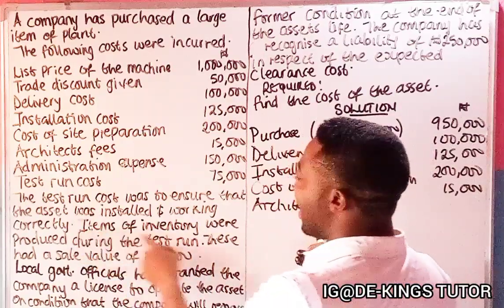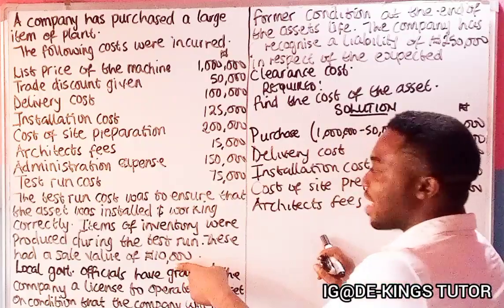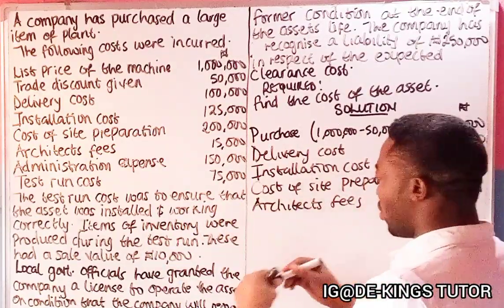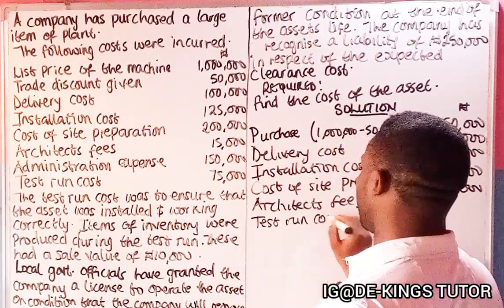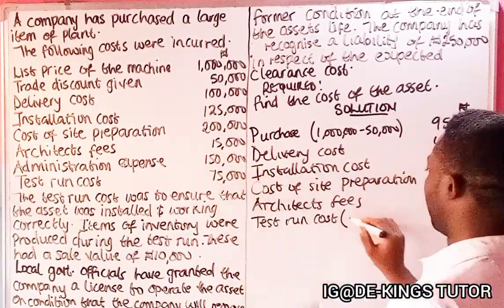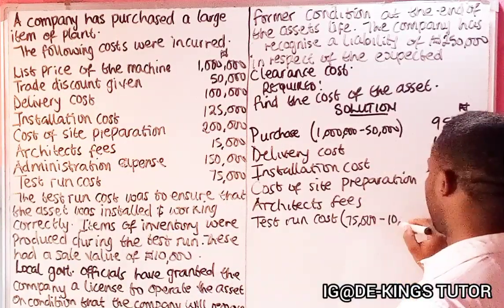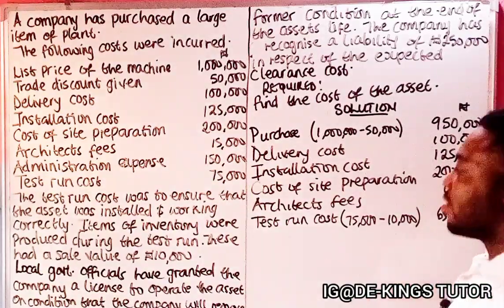Okay, so it said items of inventory were produced during the test run. This had a sales value of 10,000, so it will be net of sales proceeds of the test run cost. So the test run cost is now 75,000 minus 10,000, which is 65,000.